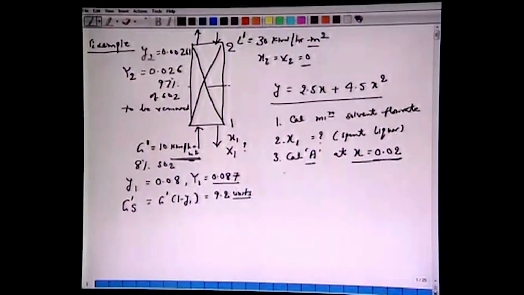And the last question is, also calculate individual gas phase mass transfer coefficients. So, what is small ky equal to at the same location where x equals 0.02. We have also been asked to calculate del x, del y, the driving force for mass transfer.